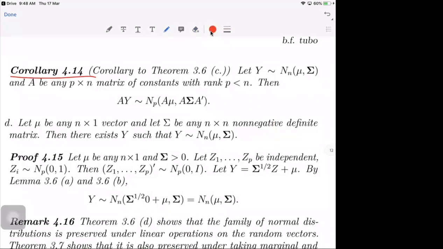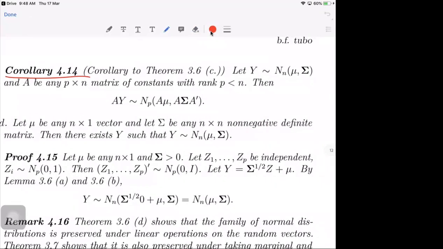So this is a very important result. So we let mu be any n by 1 vector. We let sigma any n by n non-negative. So sigma here is just non-negative definite matrix.